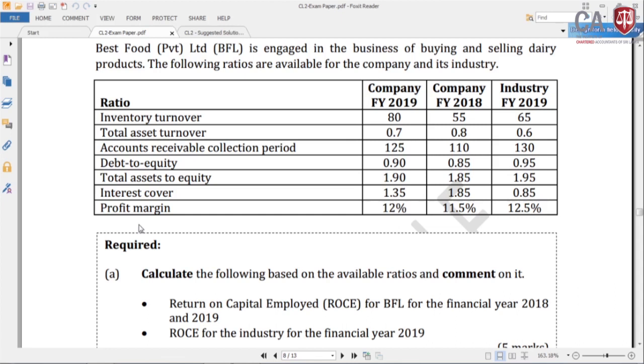And also you need to remember the nature of the products that they deal with. What are the products that they deal with? Dairy products. What are the examples of dairy products? It can be yogurt, fresh milk, cheese, butter, and so on and so forth. The nature of dairy products is such that they perish within a shorter period.